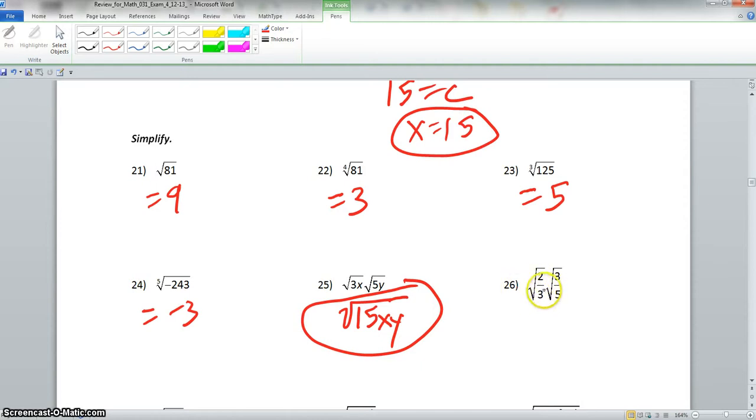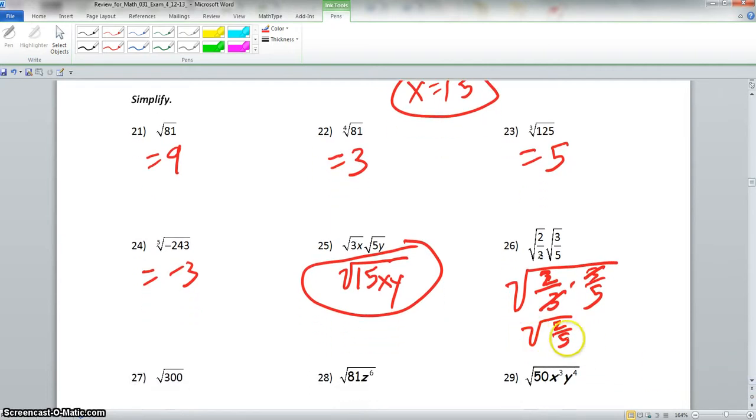Now we come here. We have the square root of 2/3 times the square root of 3/5. This is the same as the square root of 2/3 times 3/5. Well, we know we can simplify out the 3's, and we'll just be left with the square root of 2/5. Now remember, we cannot have our denominator be in the square root.